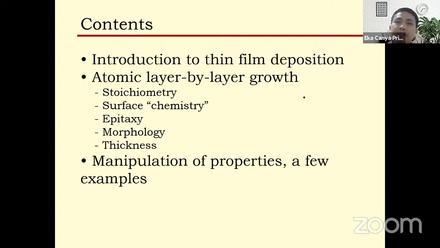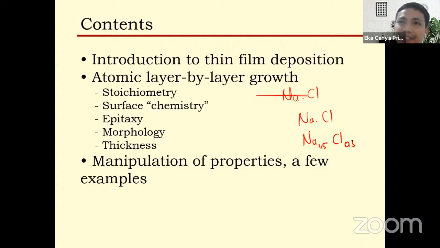What is the stoichiometry of salt? Sodium chloride, right? If it's non-stoichiometric, it will be sodium 1.5, chloride 0.5. It's non-stoichiometry.